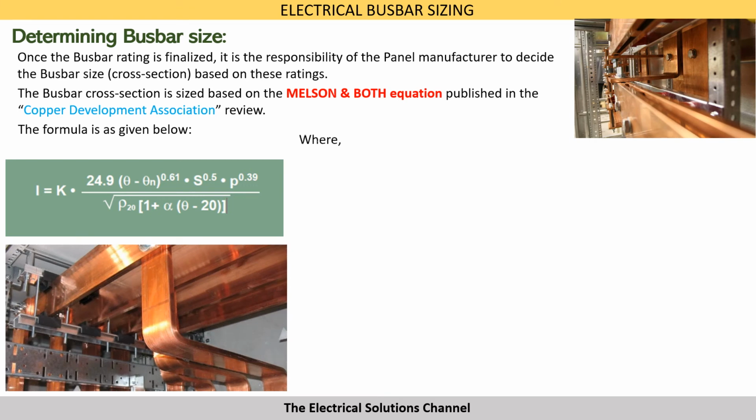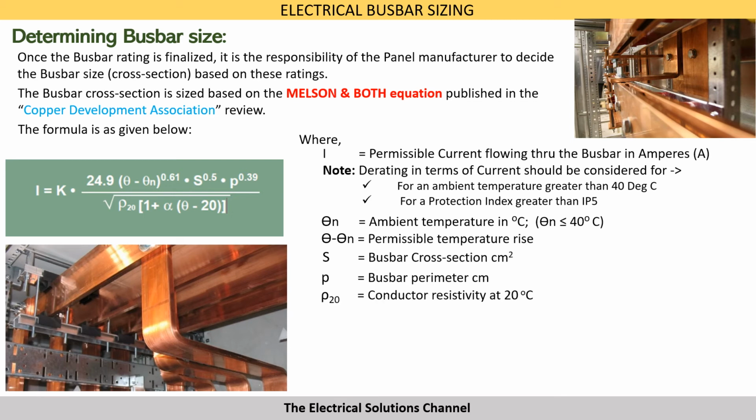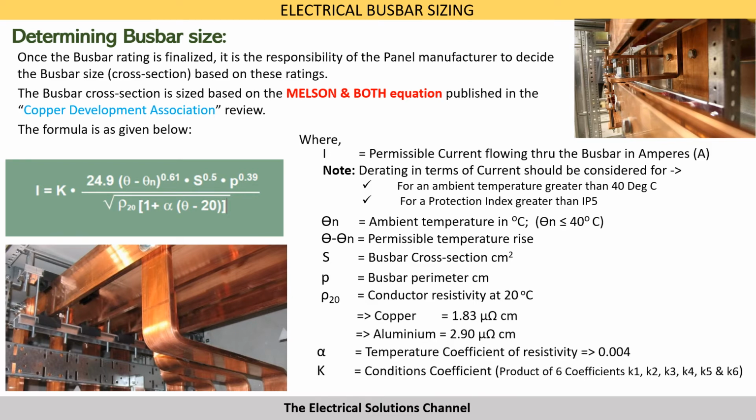where I is the permissible current flowing through the busbar in amps. Theta n is the ambient temperature in degrees centigrade. Theta minus theta n is the permissible temperature rise. S is the busbar cross section in centimeters square.